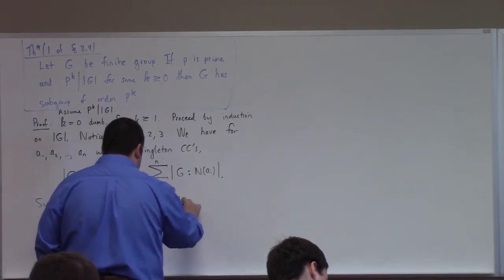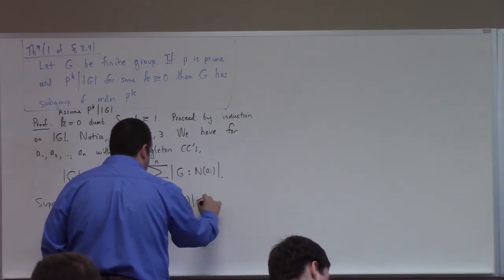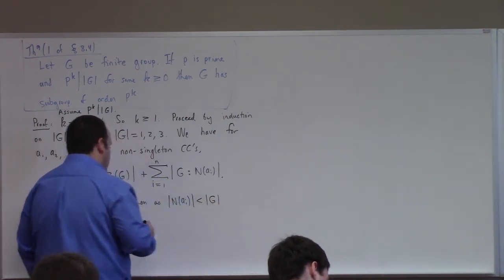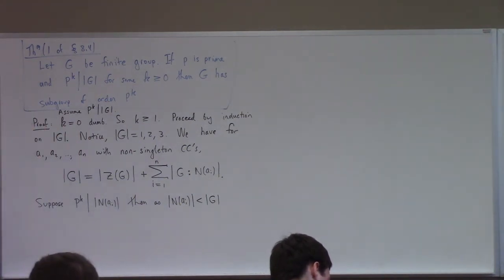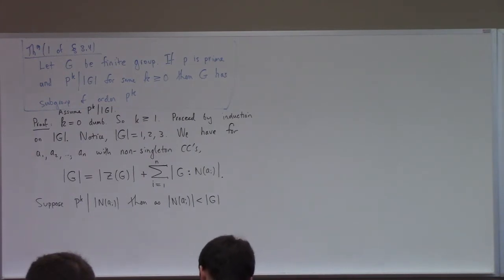as the normalizer of a i, the order of that is less than the order of G. Can you tell me why? Given our assumptions, what are these? These are non-singleton conjugacy classes. What do those conjugacy classes do? Yeah, they partition the group. So if N of a i was equal to G, what would that mean?